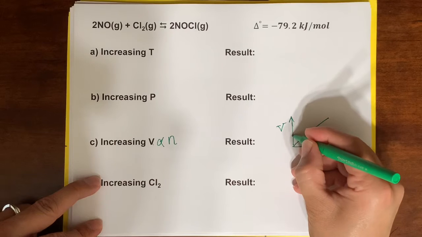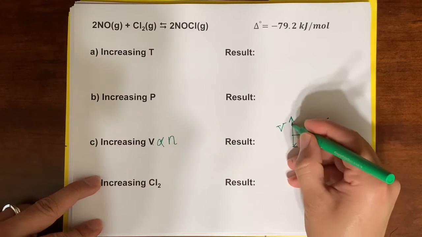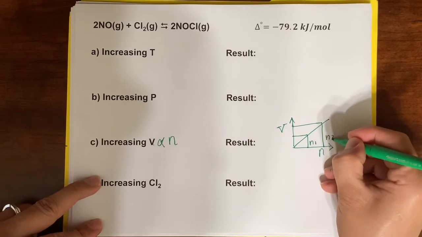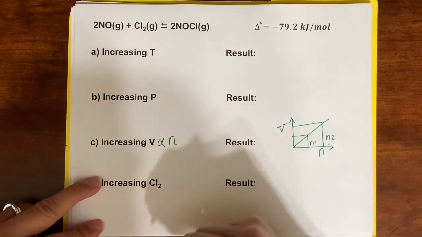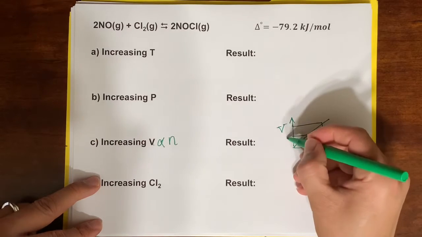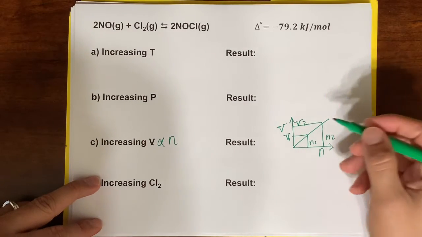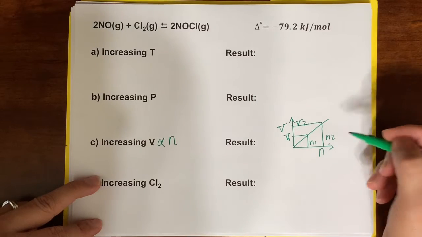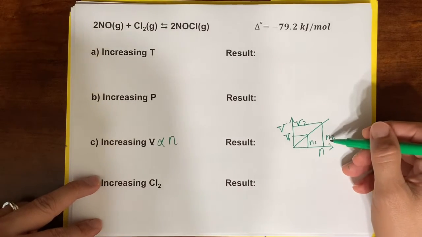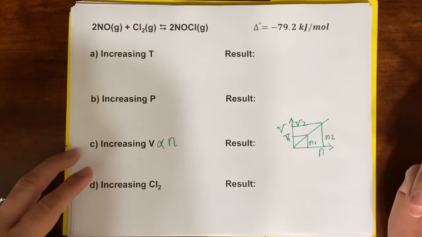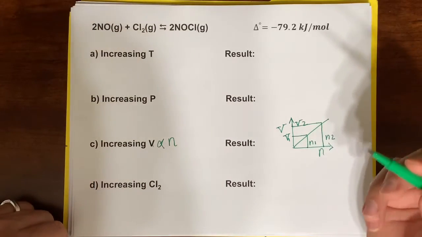If you increase the volume, you can accommodate more moles. So this one is N1 and that is N2, V1 and that is V2. So what does it mean? That means the equilibrium will move to the side that has more number of moles.